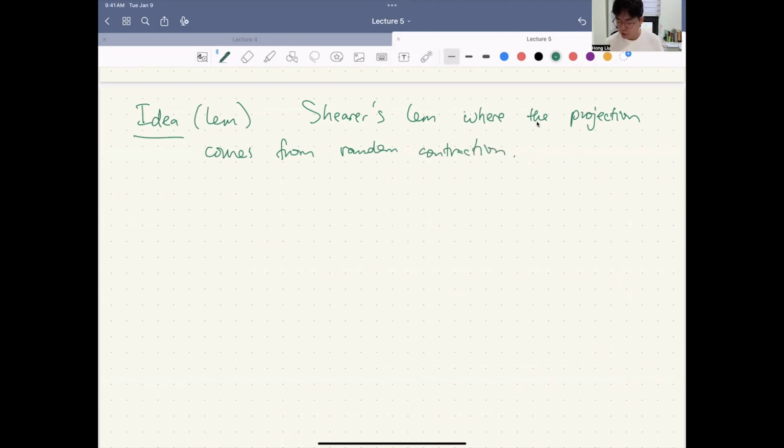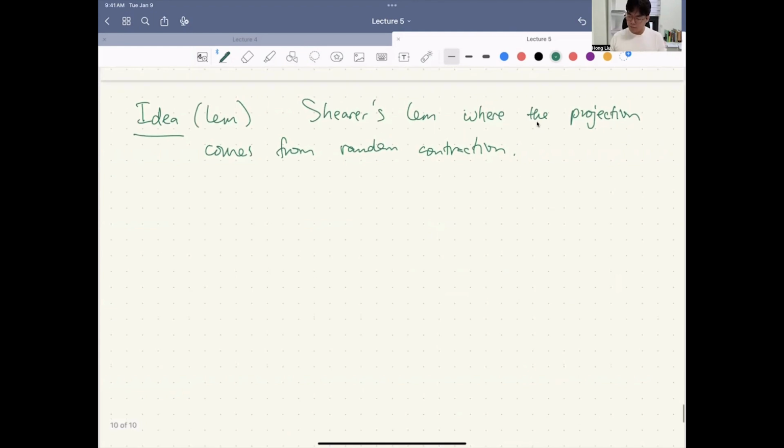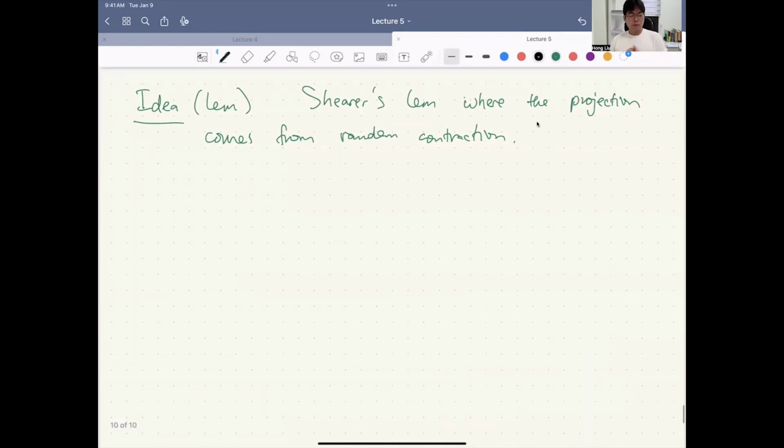So I have to let you know what this contraction is. Let's define the contraction of a matroid.